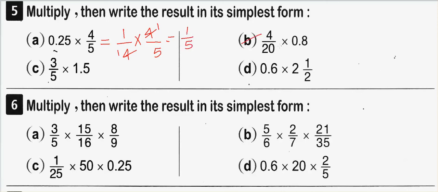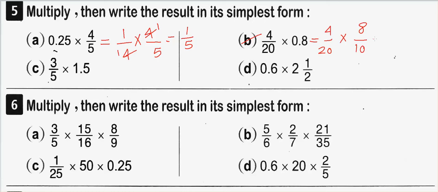Letter B, 4 over 20 times 0.8. We can express 0.8 as a fraction. Here the point is after one digit, so we can write it as 8 over 10. 0.8 means 8 over 10. 4 over 20 times 8 over 10.